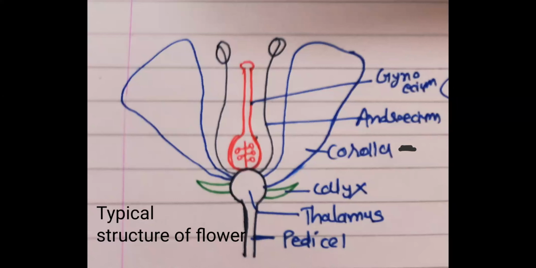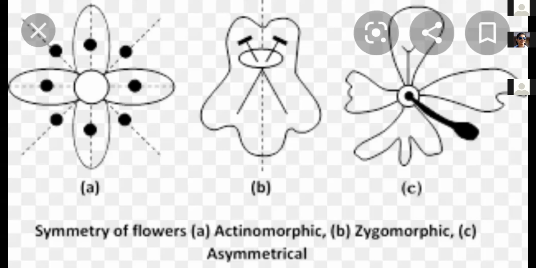After this, the next part is types of flower. First, we have discussed the structure of flower. Now we are going to discuss types of flower on the basis of symmetry, which you have learned in the animal kingdom chapter. 3 types of symmetry: asymmetry, bilateral symmetry, and radial symmetry.